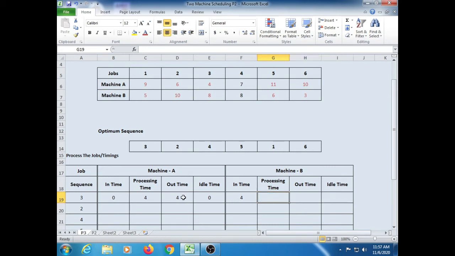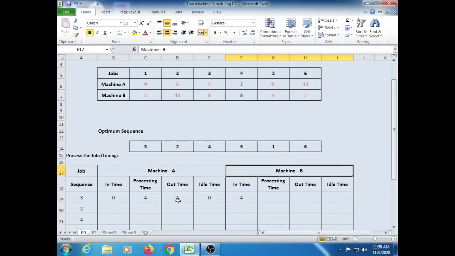So at 4th hour the job is ready because machine A has completed the job and it is ready for forwarding to machine B. So at 4th hour, this is the in time for machine B.